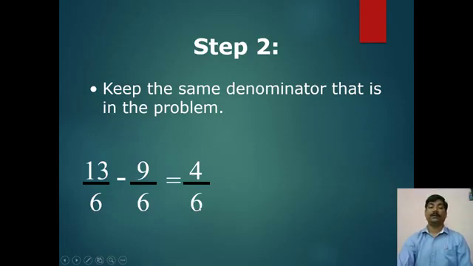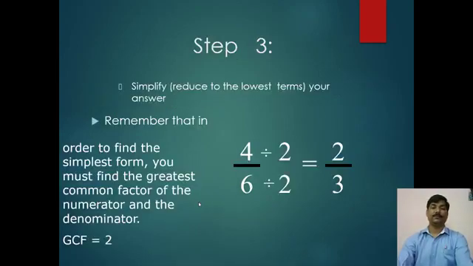So the difference of 13 upon 6 minus 9 upon 6 will be equal to 4 upon 6. Here 4 upon 6 is not in the simplest form. So we have to follow step third. In this step, to simplify 4 upon 6, we have to find the highest common factor of 4 and 6. The highest common factor of 4 and 6 is 2.